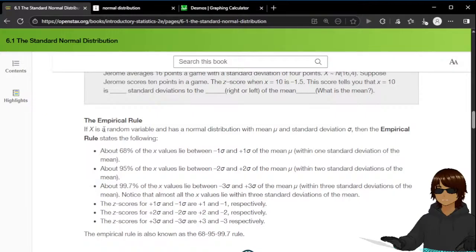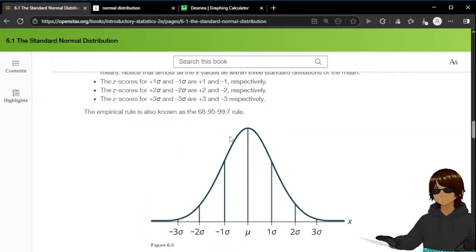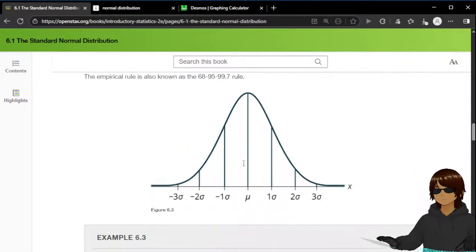If x is a random variable and has a normal distribution with mean mu and standard deviation sigma, then the empirical rule states the following. About 68% of the x values lie between minus 1 sigma and plus 1 sigma. So 68% of values over here. 95% of values lie between minus 2 and plus 2.